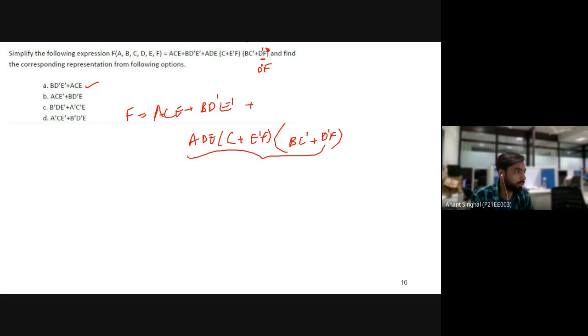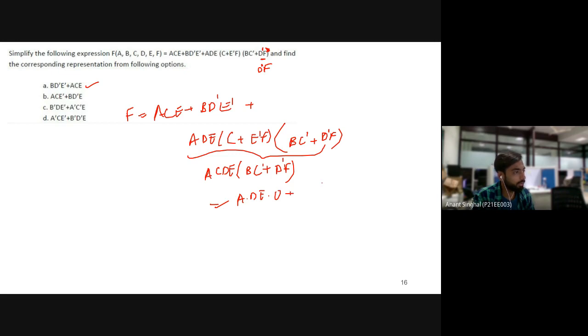Okay, let me try to solve it, this long term only. Here you can see there is an E bar and there is an E here. So E bar times E will get 0, and 0 multiplied by anything will be 0. So we will be left with only this term in multiplication with this term. Similarly, this C C bar will become 0 and we will get something as ADE into 0.